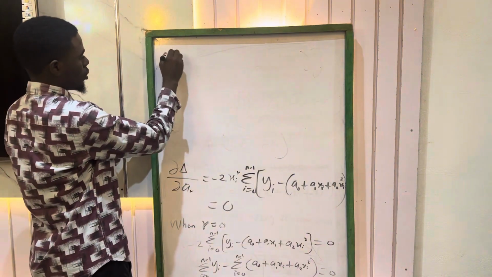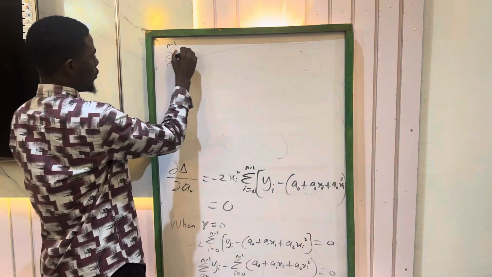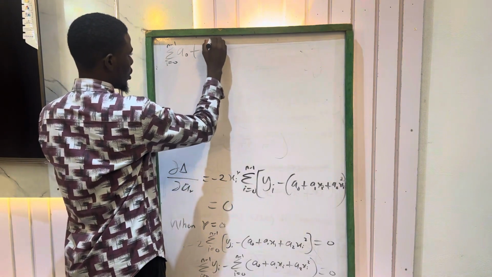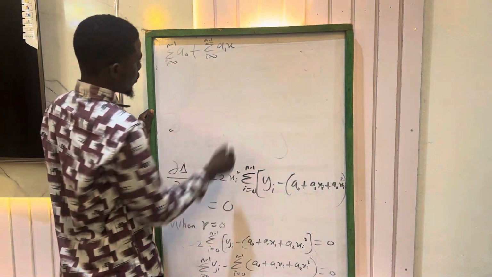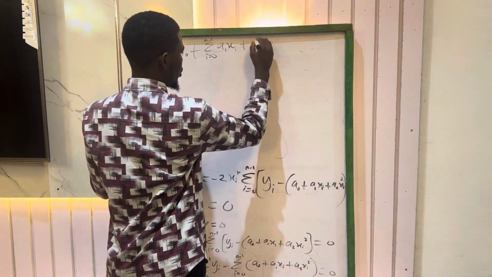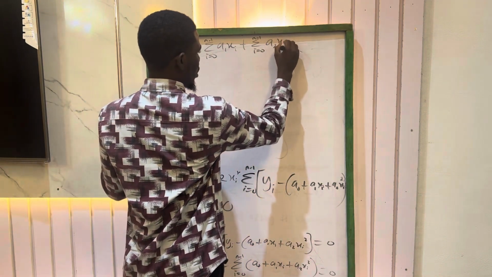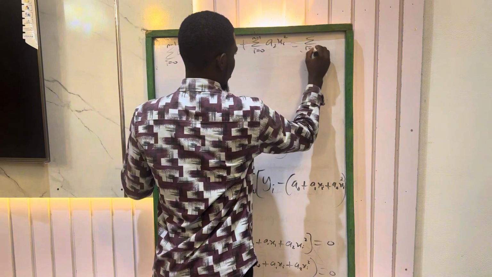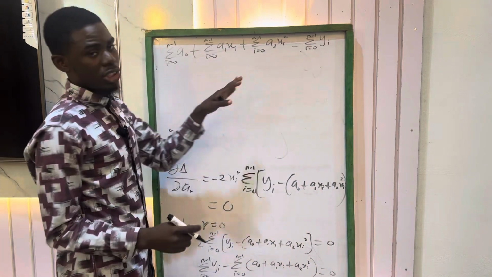Let me open it up: the summation from i equals 0 to n minus 1 of a0, plus the summation from i equals 0 to n minus 1 of a1 xi, plus the summation from i equals 0 to n minus 1 of a2 xi squared, and all this is equal to the summation from i equals 0 to n minus 1 of yi. This is the first expression we're able to arrive at.